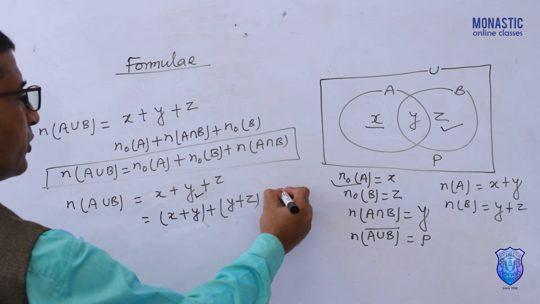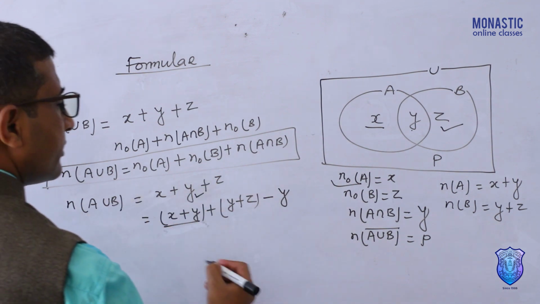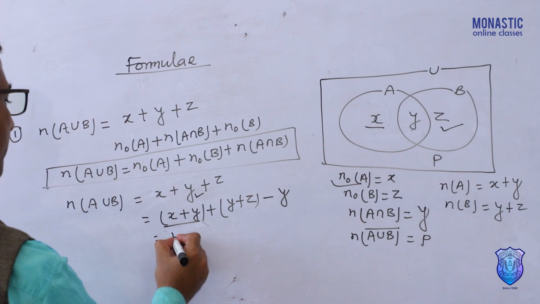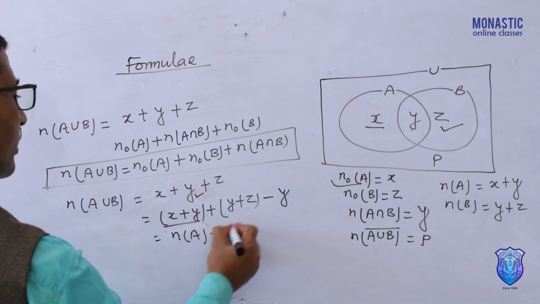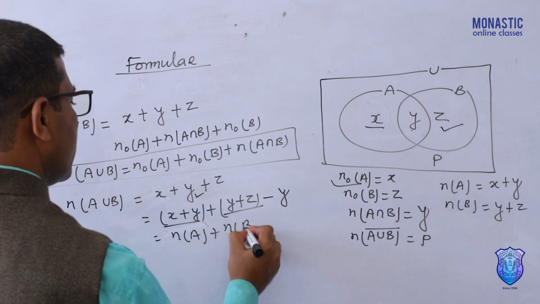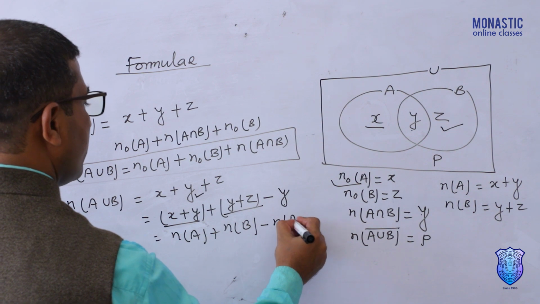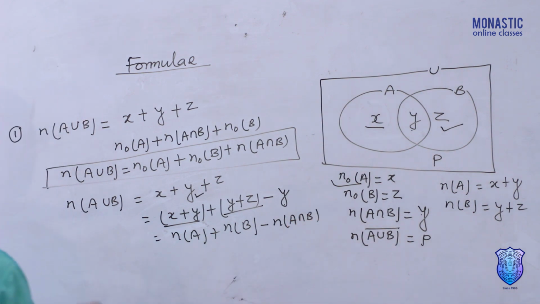So if we subtract y, then these two are equal. Now, what does x plus y represent? Number of A. What does y plus z represent? Number of B. And what does y represent? Number of A intersection B.